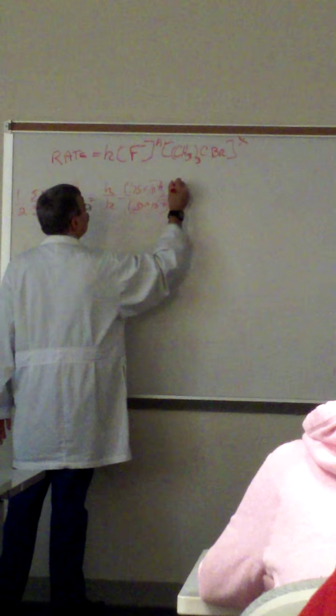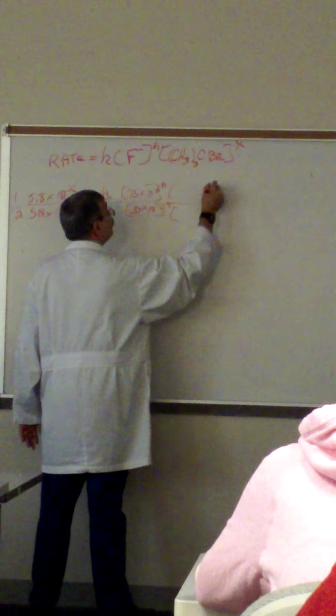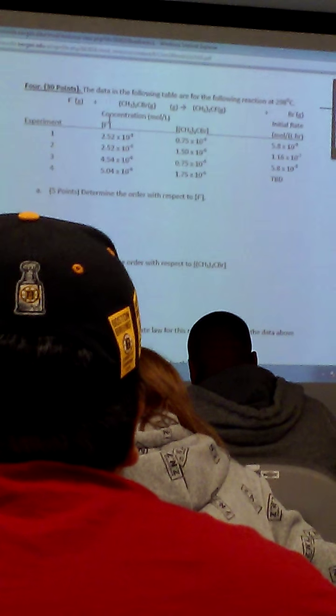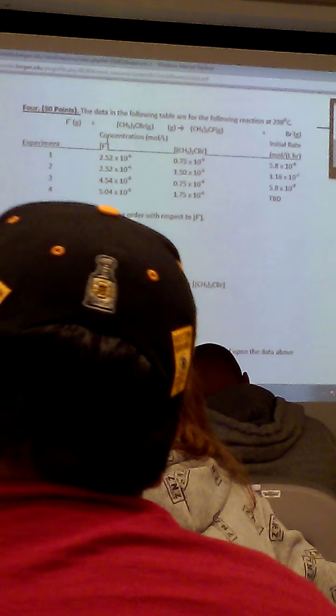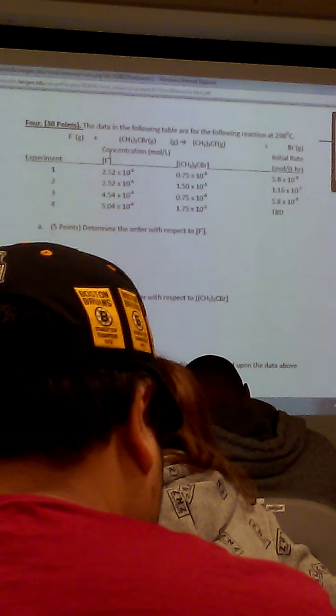Thank you, sir. Over here, this is to the A, this is to the A. And I see that it's going to be, did I do that right? Yeah. 2.25?